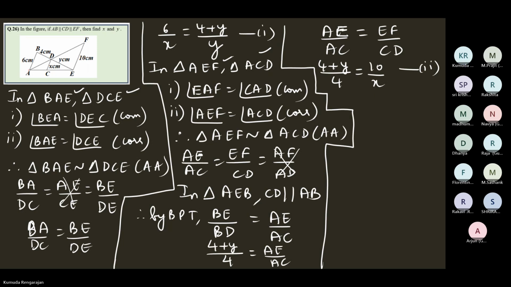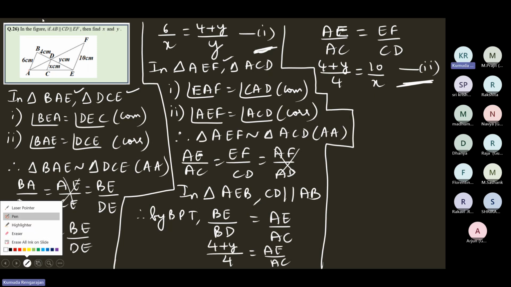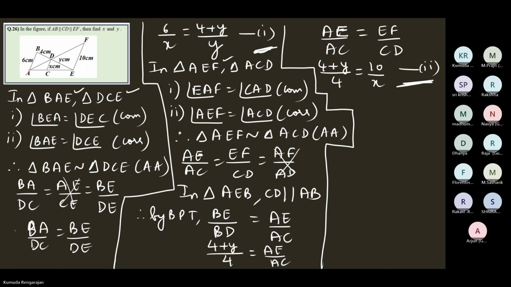Okay. So we get one like that by substituting, we get one like this. And to get this second one, remember we have to use BPT. We used BPT here, in this triangle.